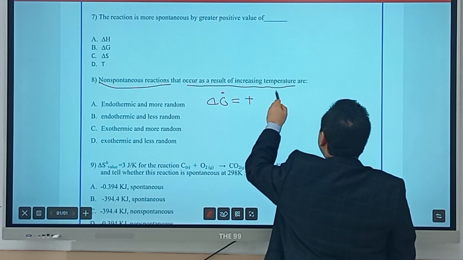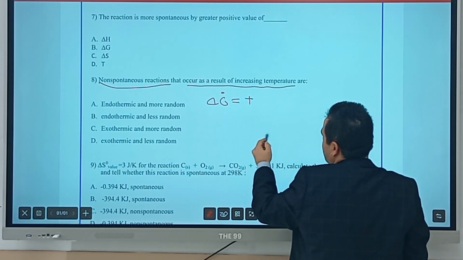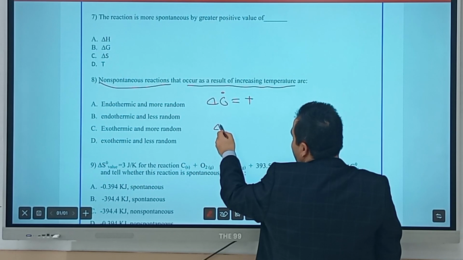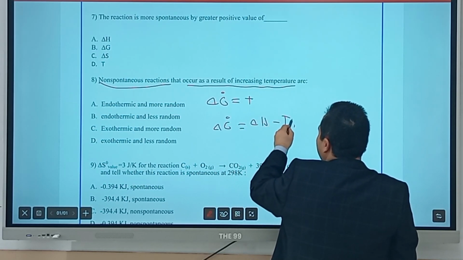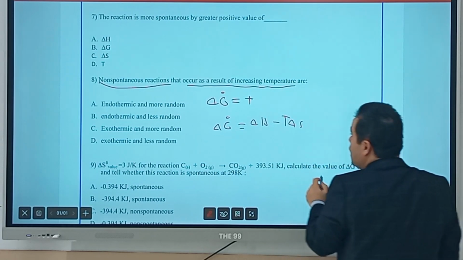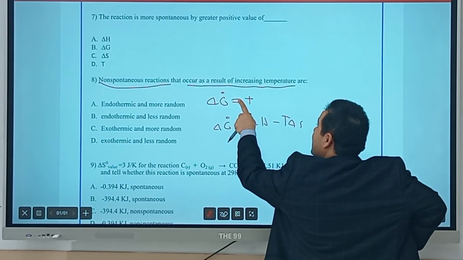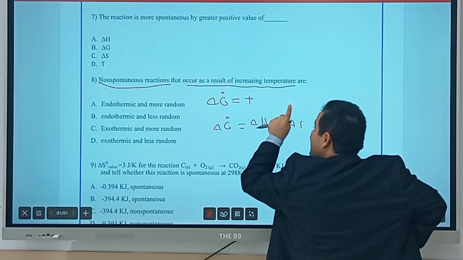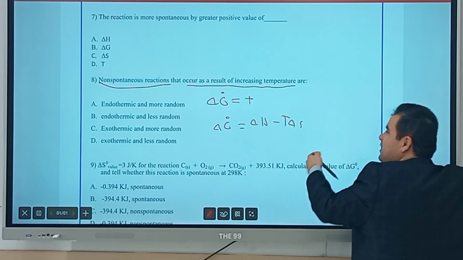It occurs as a result of increasing temperature. So delta G is equal to delta H minus T delta S. In which case is the Gibbs free energy non-spontaneous, but becomes spontaneous because of increasing temperature?